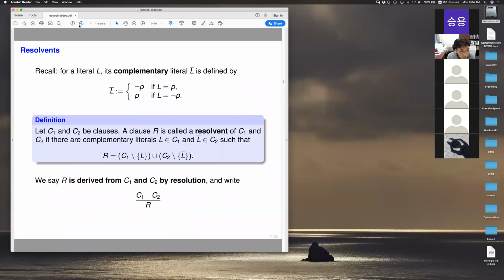The resolution proof system consists of one proof rule, which is captured by this notion of resolvent.